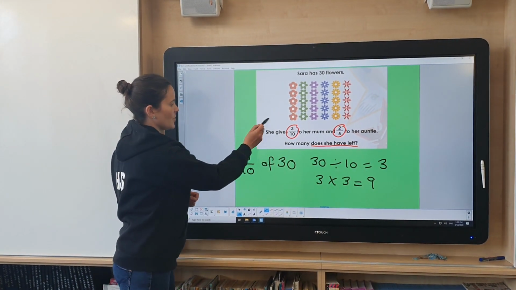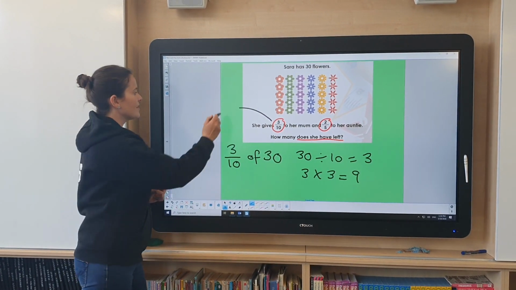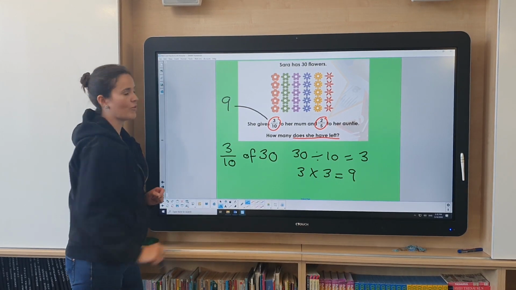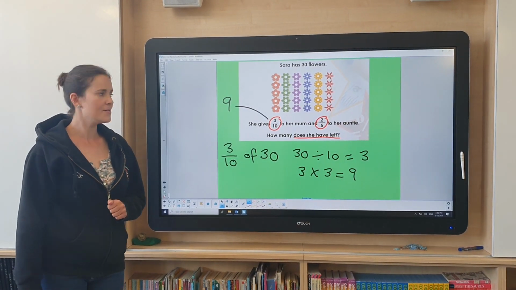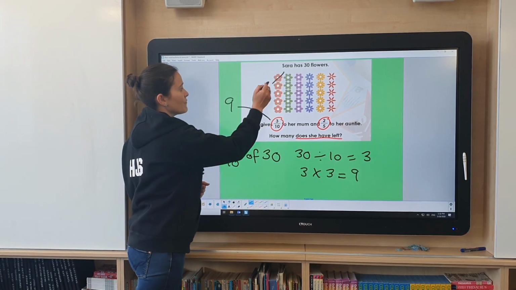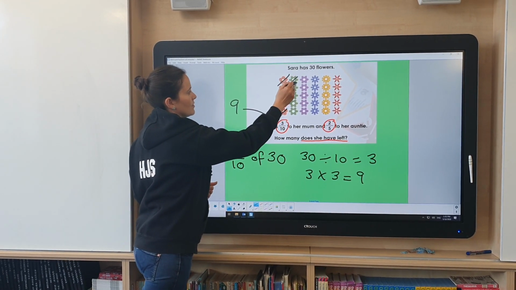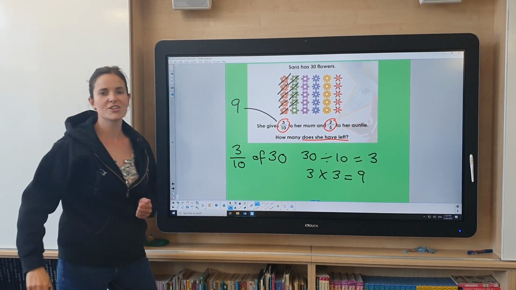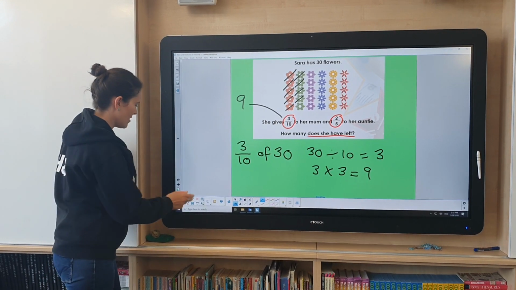Okay, so we know that Sarah gives 9 of her 30 flowers away to her mother. And what you can do, if you have got a diagram, is you can cross off 9 flowers just so we know we have gotten rid of them.